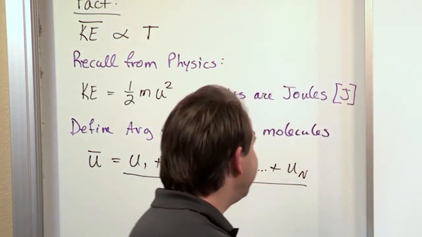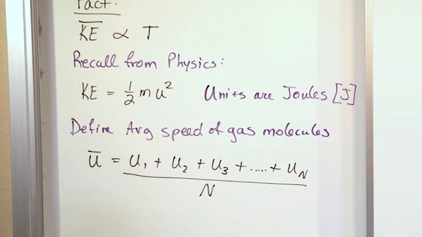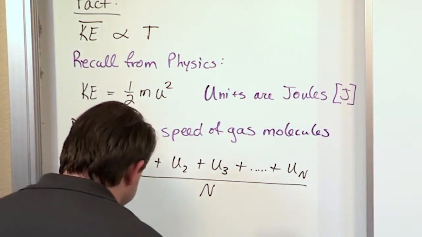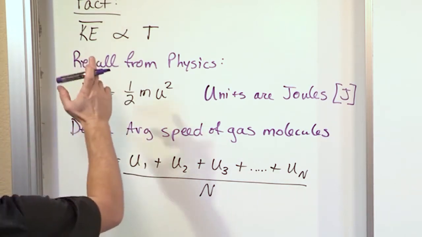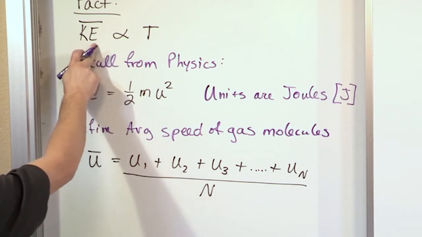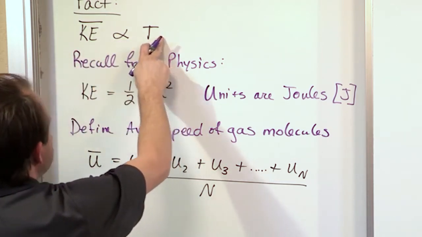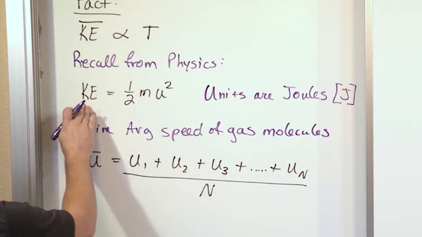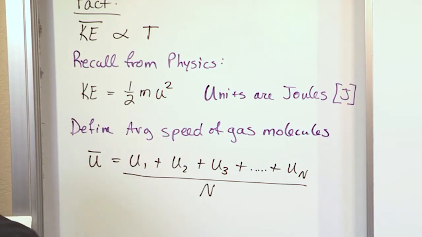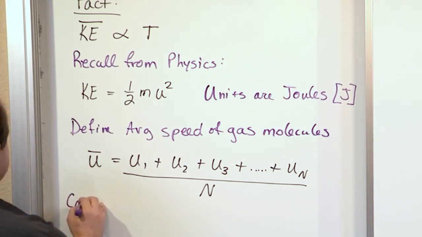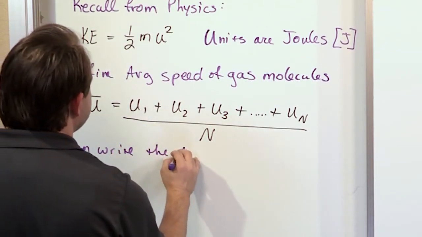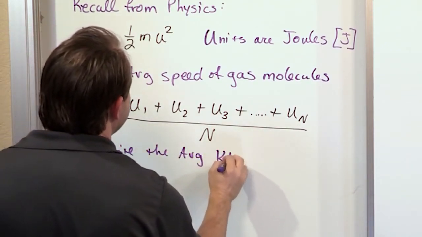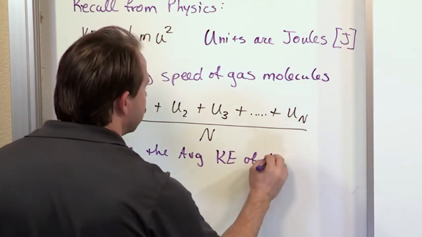But what we can do is just continue along this path of saying, well, what if we could, okay? What if we could write this down? How would we find the average kinetic energy? Because remember, we're saying that the average kinetic energy of the molecules is proportional to the temperature. So ultimately, we want to write down what the average kinetic energy is.